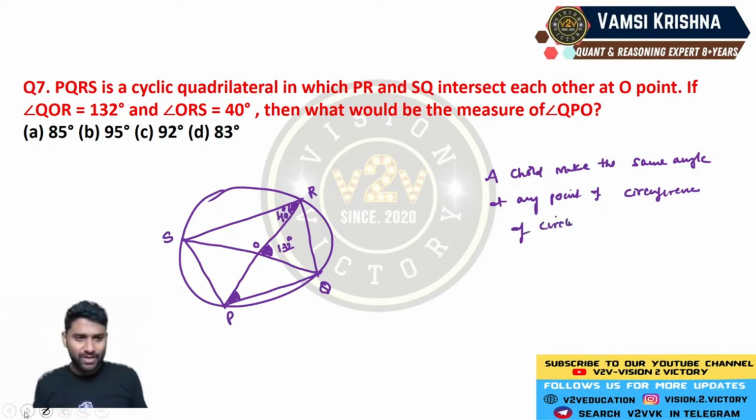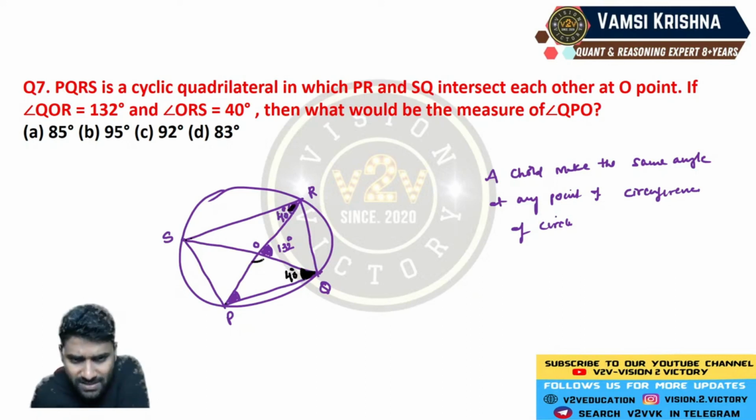I will change the color to understand this property clearly. From SR to SQ, the angle is 40 degrees. The chord makes the same angle at any point of the circumference, so this is 40 degrees according to the chord property. This is also 40 degrees.